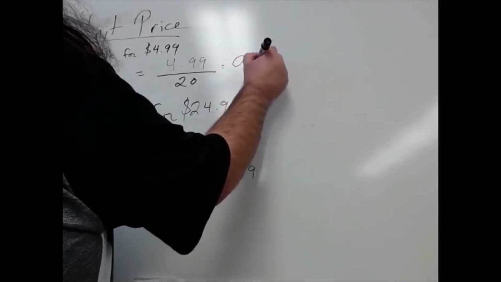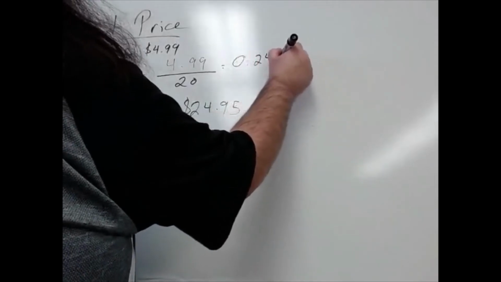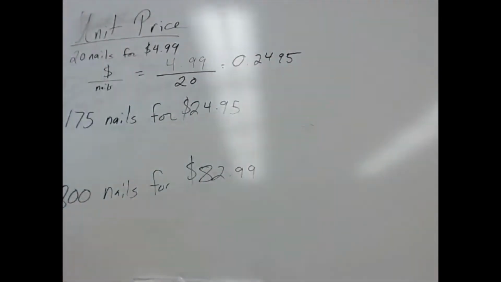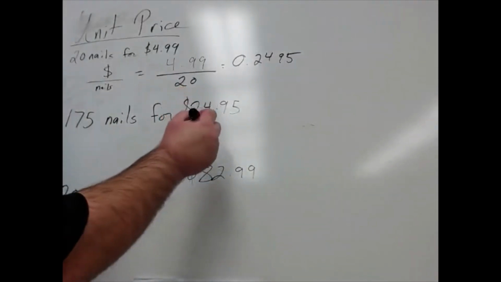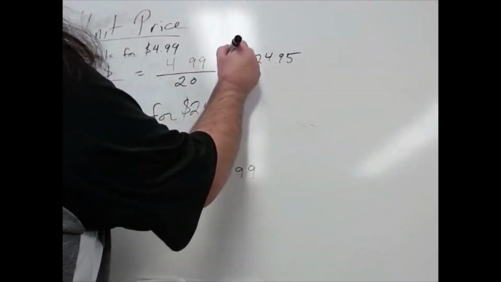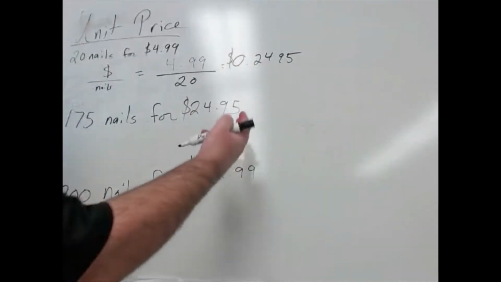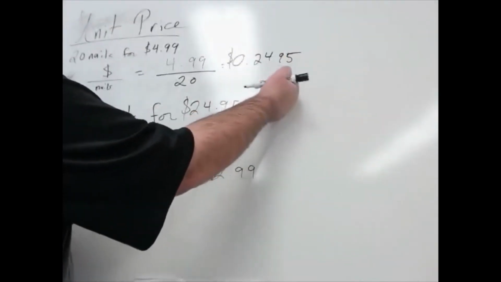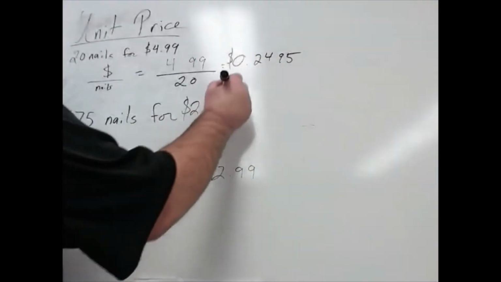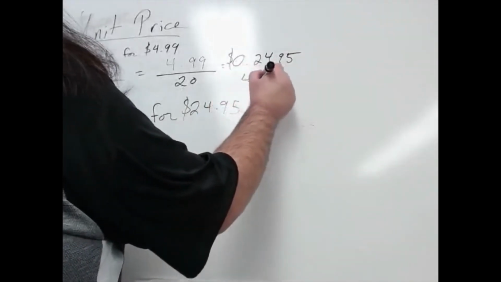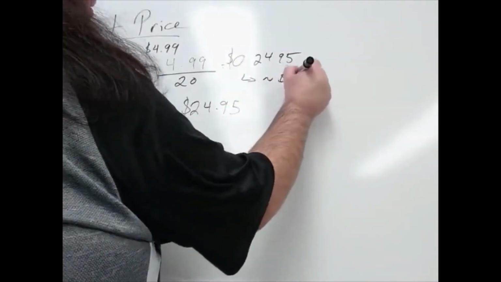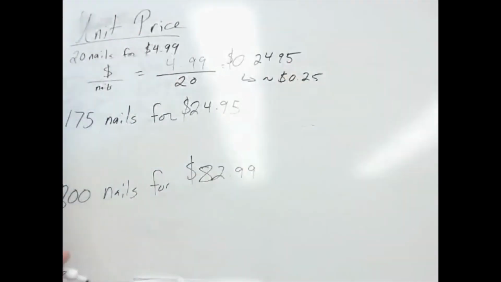This gives me 0.2495. So that tells me that each nail is approximately 25 cents. If I were to round it off, each nail is about 25 cents.